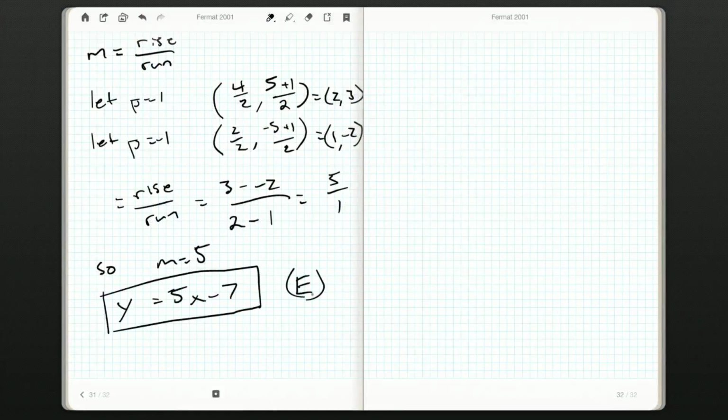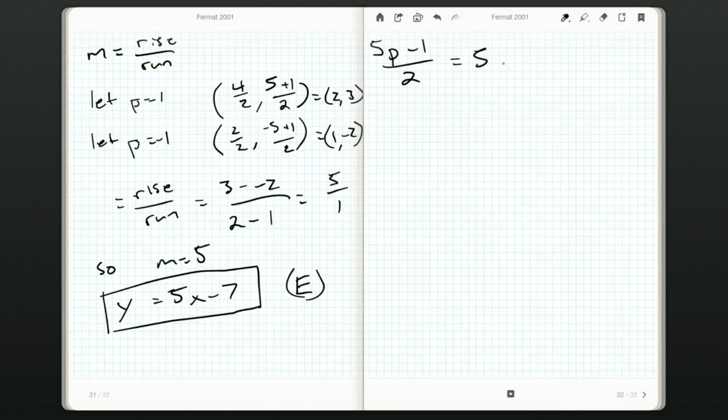Now if we wanted to, we could do a check. As I try to occasionally mention, you should do your checks when you can. I want to check that every one of my midpoints satisfies this. So I want to know that no matter what value of p I put in, I should get my y coordinate equal to 5 times my x coordinate minus 7. So let's work this out and make sure it all works out.